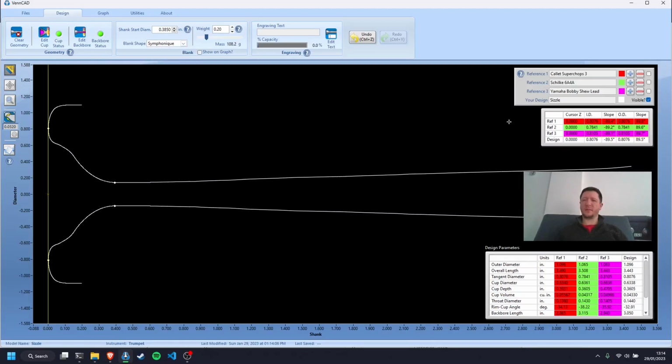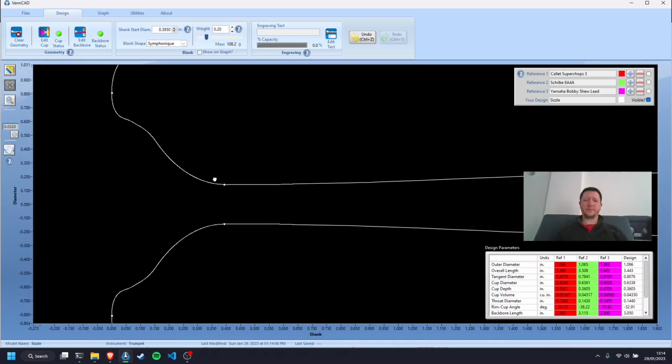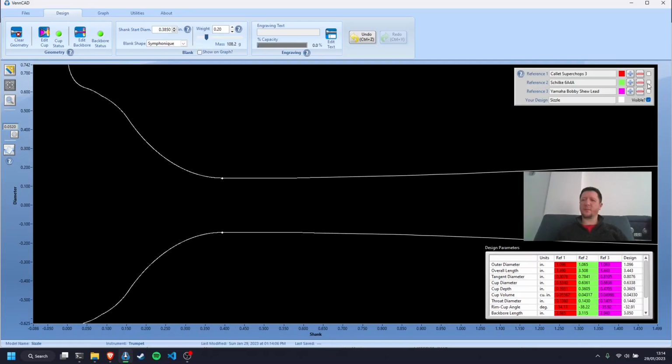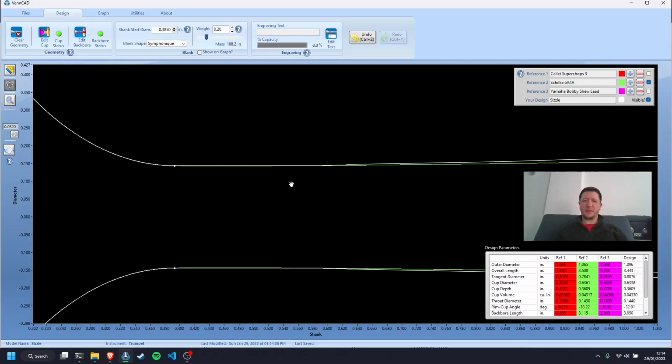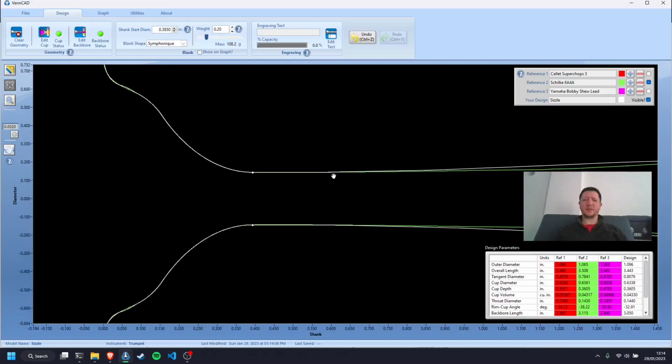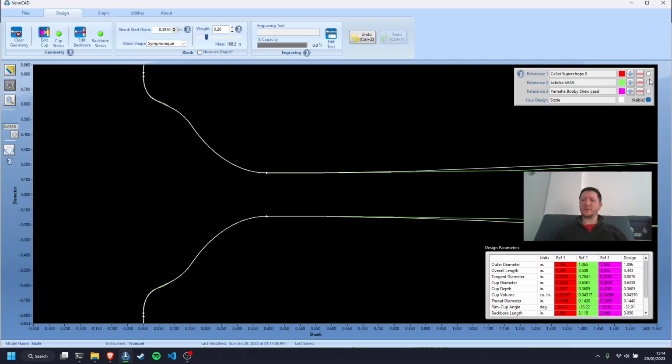Let's take the blank off and have a little zoom in on our throat area here, and we're going to compare it to some of the others. That looks pretty similar to the Shilky actually in terms of our throat length. This one is completely different because it's a double cup design, and you can see that the throat starts at this dot.